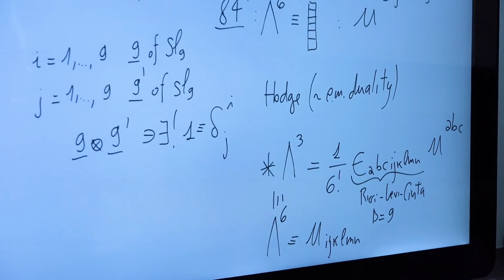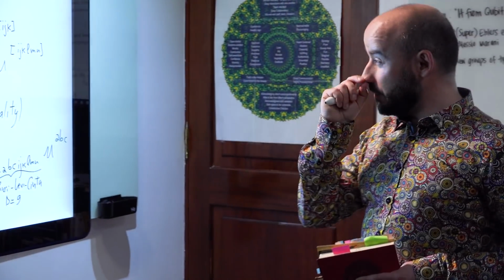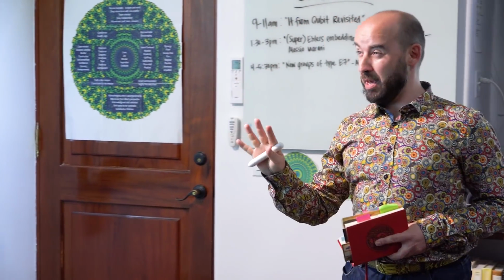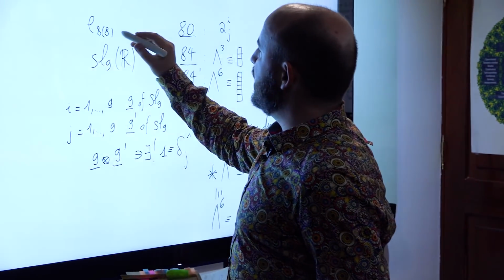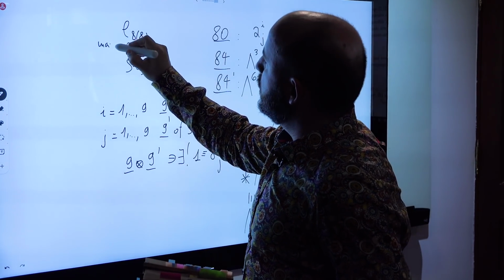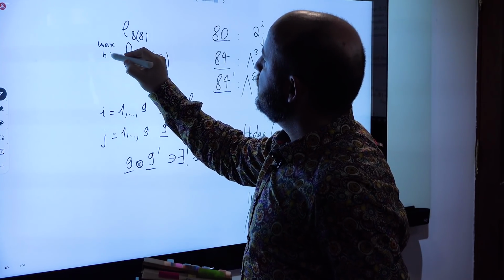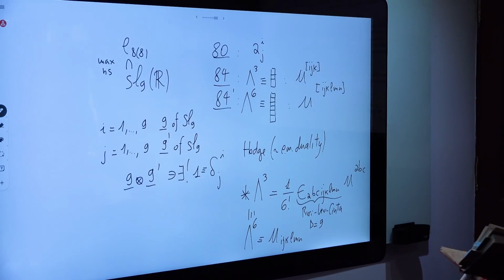Okay, so let's study the commutators. Now, for the commutators, we can already make some reasoning. I told you that this is a maximal non-symmetric embedding, and I will show you what non-symmetric means.